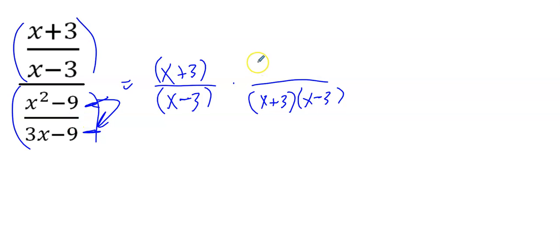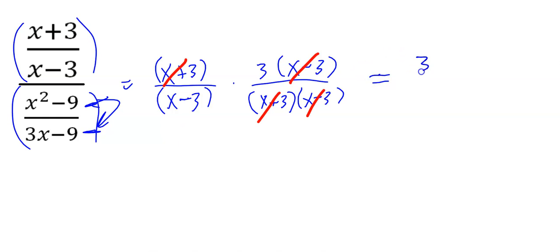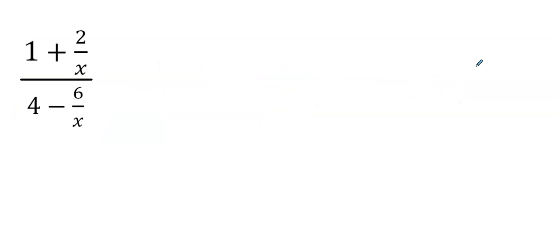When I move that up to the denominator, I'm going to take out the GCF of 3, so 3 times x minus 3. And see if anything cancels. I see that cancels, I see that cancels, and this is going to equal 3 over x minus 3. Again, write the parentheses, that'll prevent you maybe from butchering it, which is a good thing.